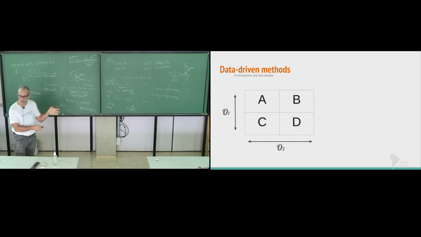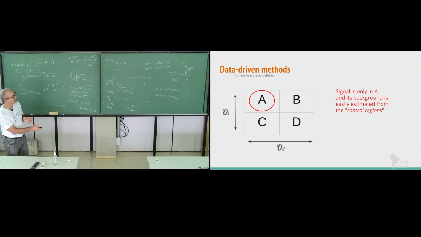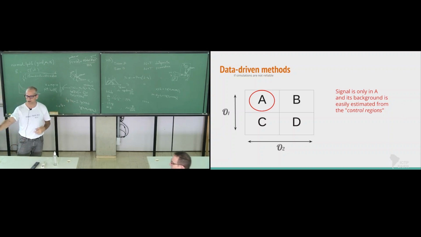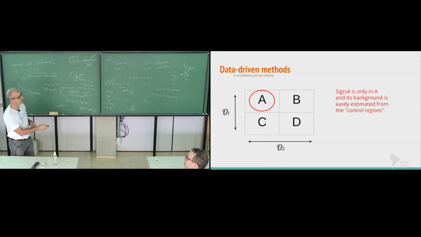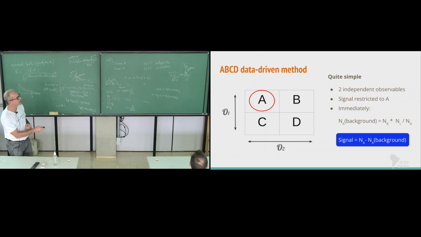ABCD method, for those of you who haven't heard about it, is like this. You use your prior knowledge to say that signal, you define 2 operators. You use 2 operators, invariant mass, how many b-tags you have, whatever. You define that your signal is in some region, and then you use the other regions to say, okay, you assume 2 operators that are independent.